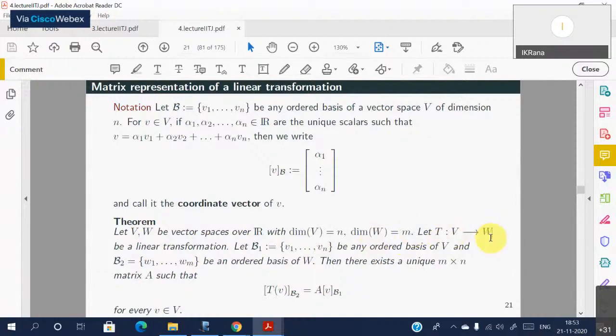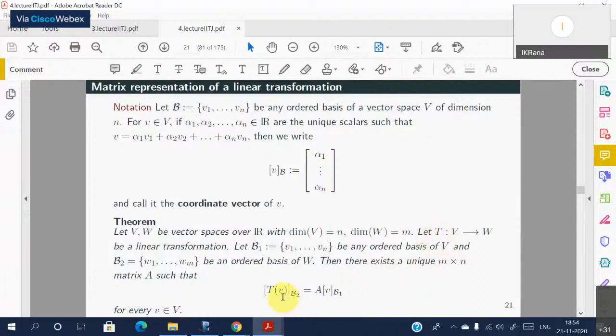We fix an ordered basis B1 of the domain, v1, v2, ..., vn, and B2, an ordered basis of W. Then the claim is there is a unique m cross n matrix I can associate with this transformation T.